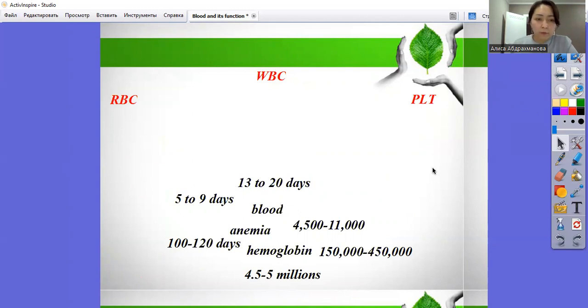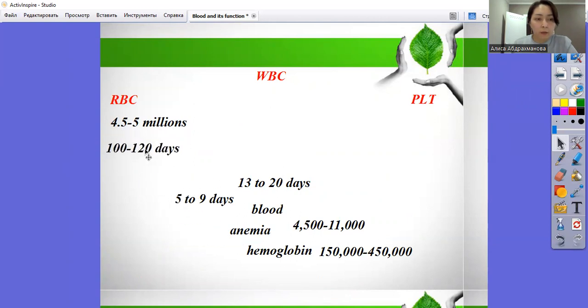The normal RBC count is 4.5 to 5 million per cubic millimeter, and the lifespan of these cells ranges from 100 to 120 days.